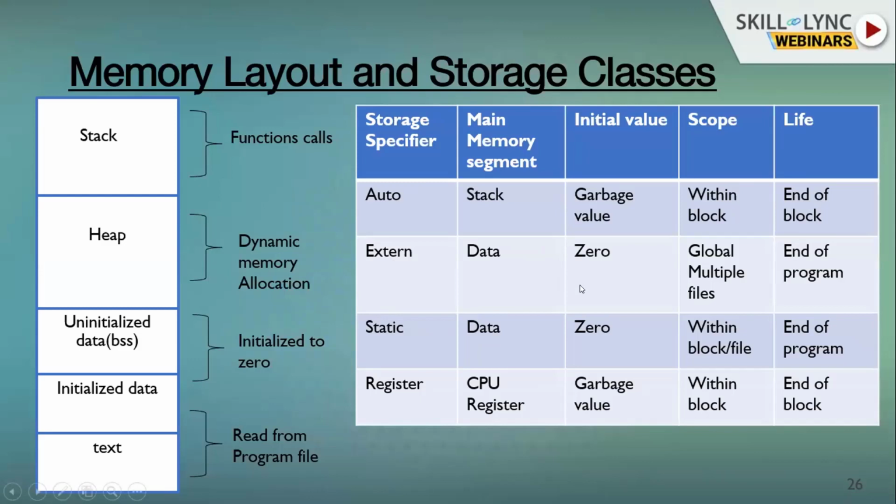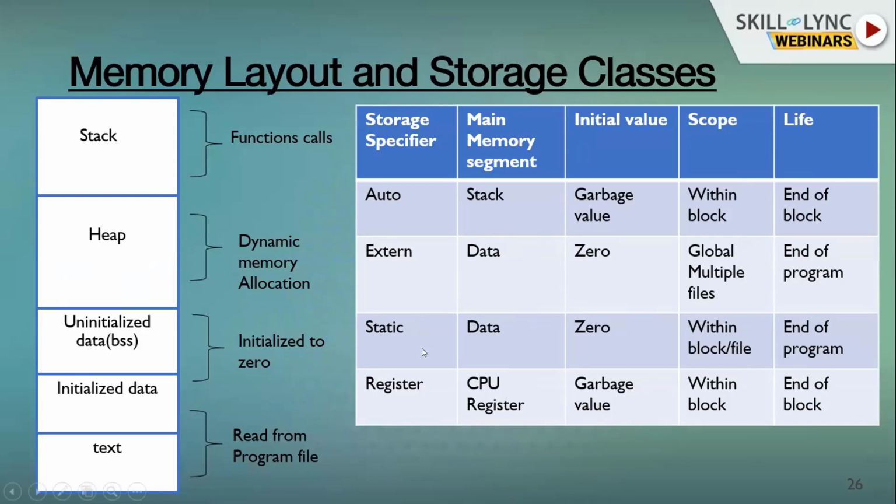If we define it with some value, then that value will be given to it. The scope would be global, across multiple files. So we can declare that variable in one .c file, and it can be shared or accessible in some other .c file as well. The life of this type of variable would be the entire program life while it is executing.